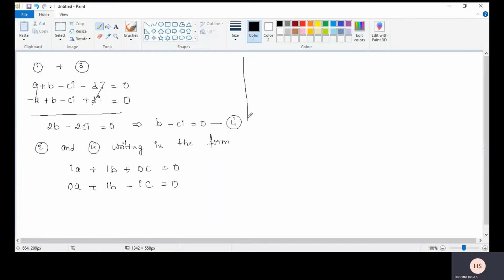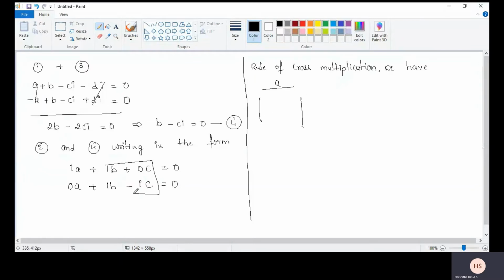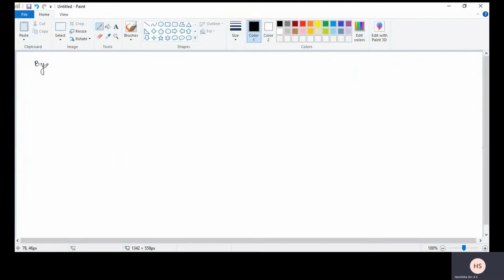Now we have to apply the rule of cross multiplication. We have a divided by determinant of these two, one coefficient 0, 1, minus i.